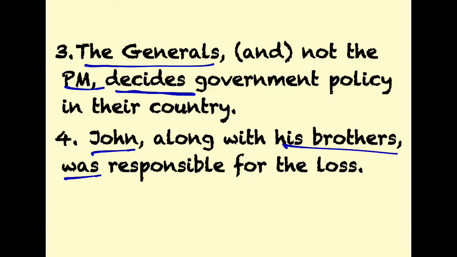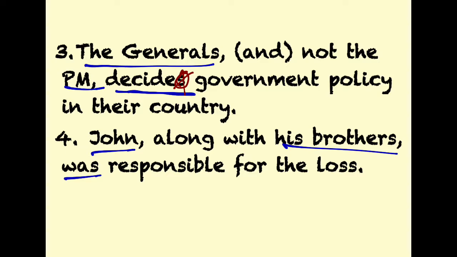I repeat the rule: the addition of s with the verb makes the verb singular. This does not agree with the generals, so the s must be removed. The generals decide government policy in their country.